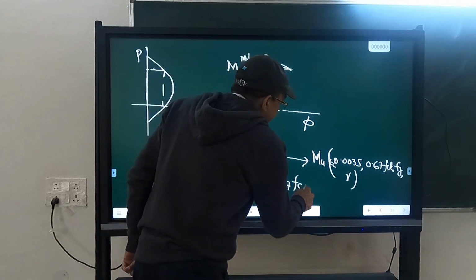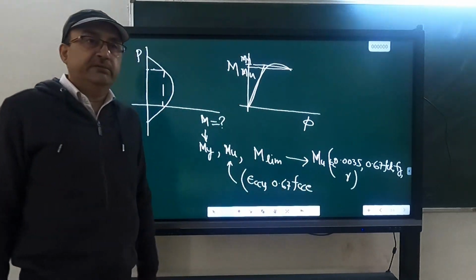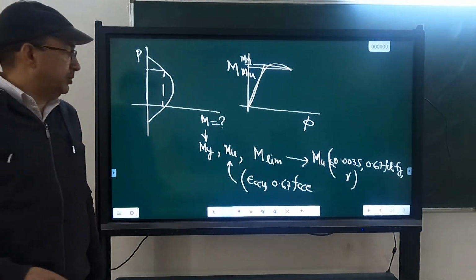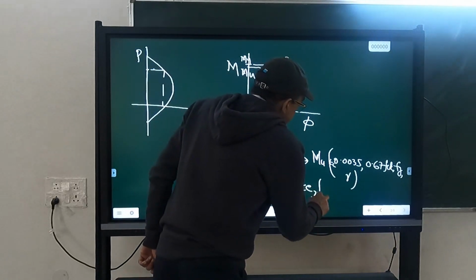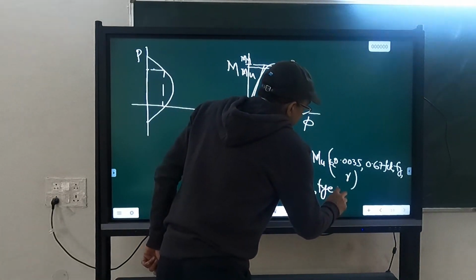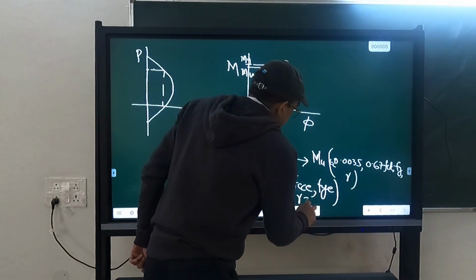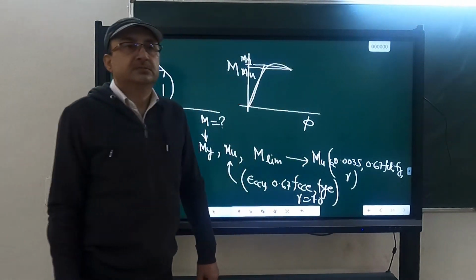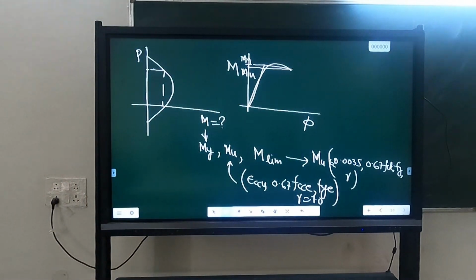So let me call it FCCE, the confined concrete strength. I will use expected yield strength, and gamma will be equal to 1. Then it will give me Mu, the actual expected ultimate strength.